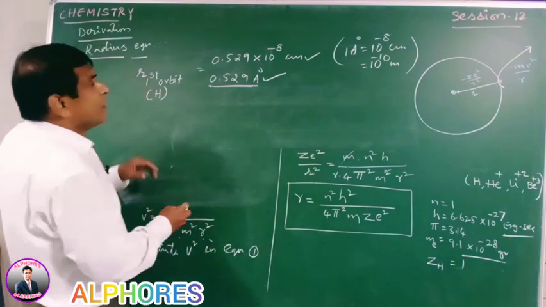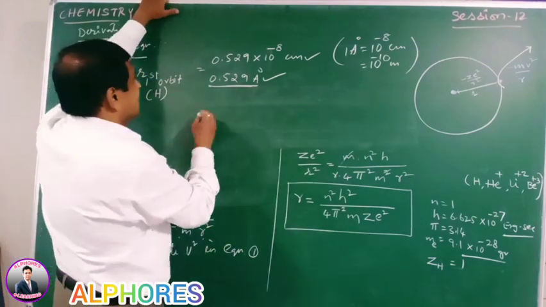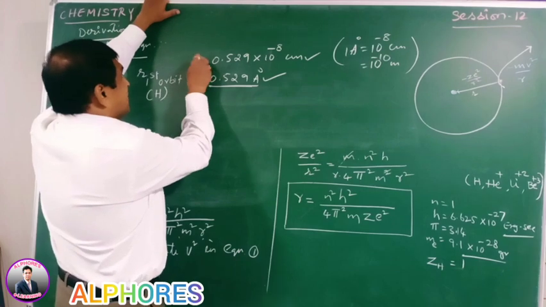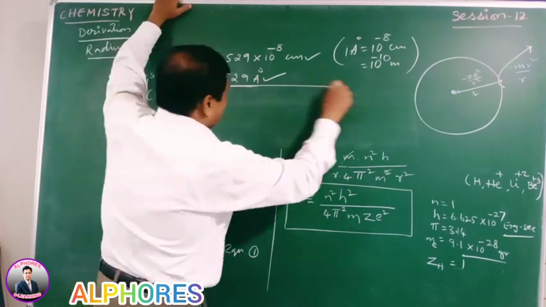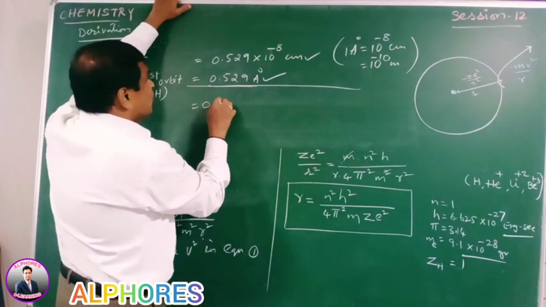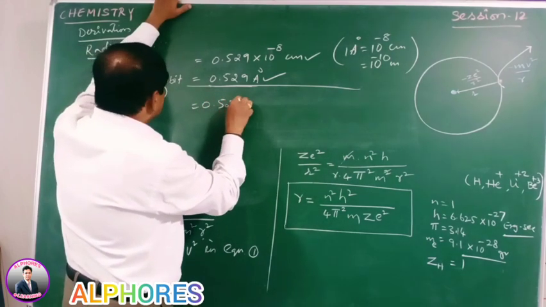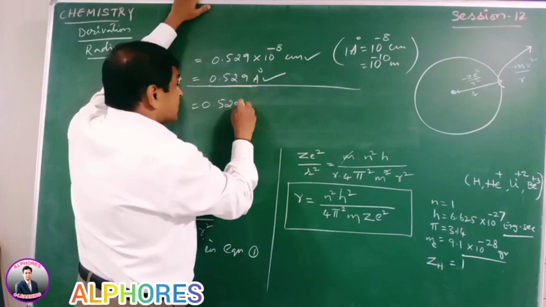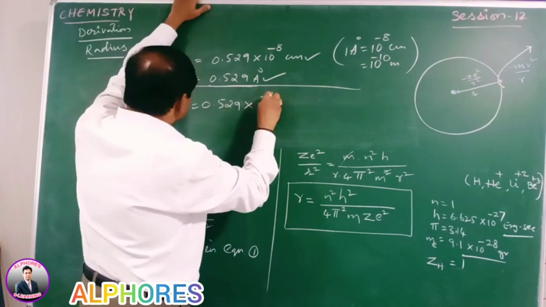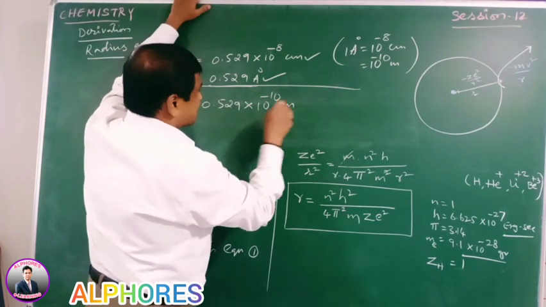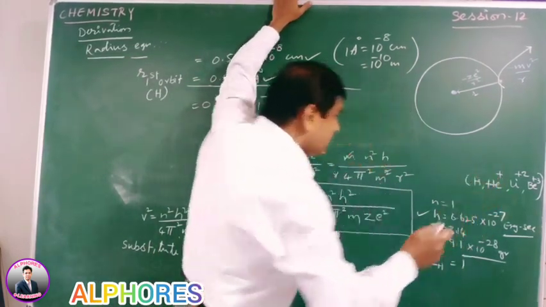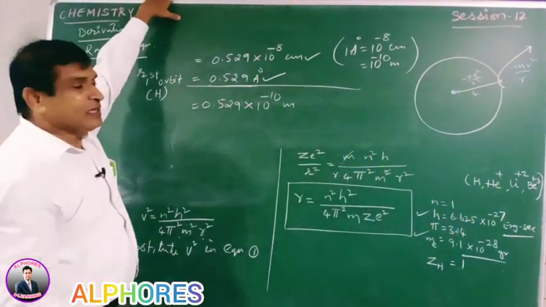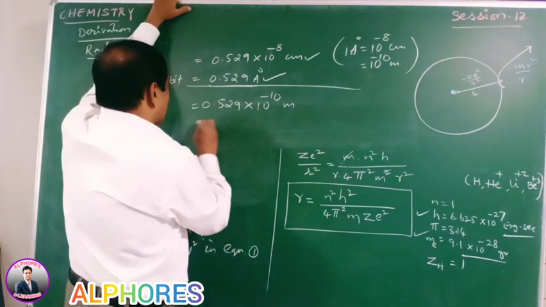If we consider the radius of the first orbit then, that is 0.529 angstroms, or 10 to the power minus 10 meters.